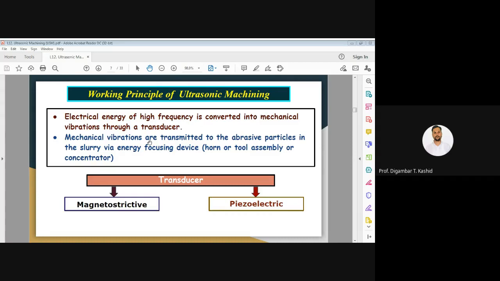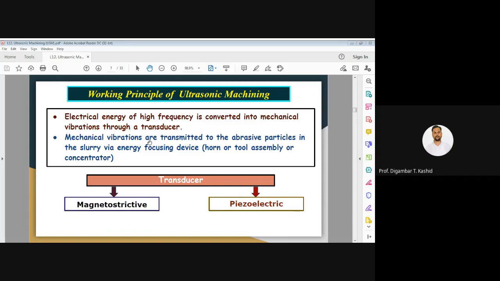Some researchers have proposed that when abrasive particles are hitting your workpiece, erosion may take place in one or more of three different modes. In one mode there will be erosion; in the second mode, this is called colliding or sliding of your abrasive particle.